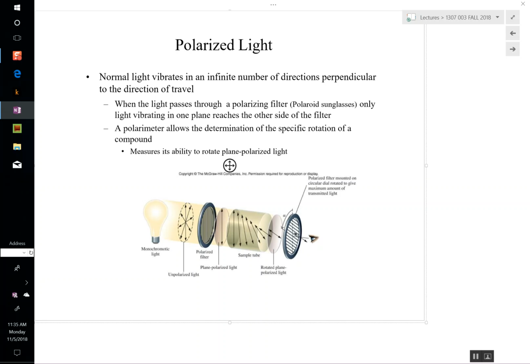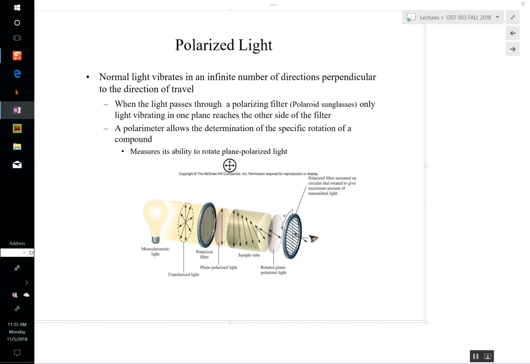And so what is polarized light? You just take a light bulb, you put it through a polarized filter, and what it's doing here, normal light is just oscillating, vibrating in all different kinds of directions. Polarized light is monochromatic. It's oscillating, just coming along here in a very nice distinct wave.